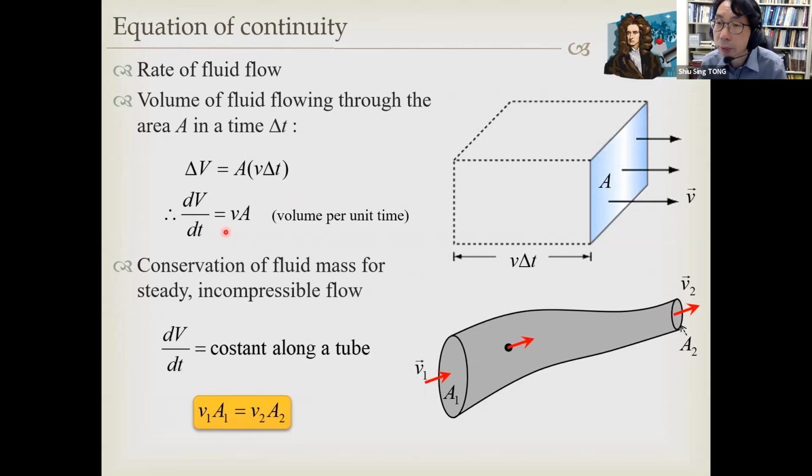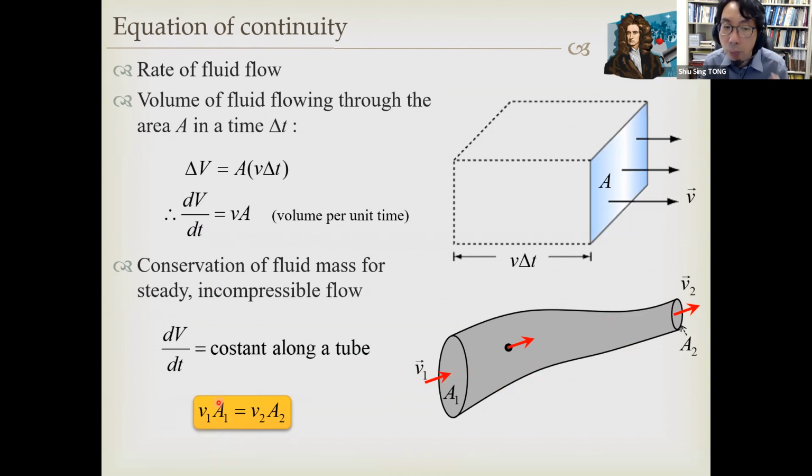By the equation of continuity, this volume will be conserved. dV/dt will be the same on both sides, right? I cannot have more water entering than leaving, or more water leaving than entering, right? So the dV/dt on both sides must be the same, and they are equal to the product of the velocity with the area.